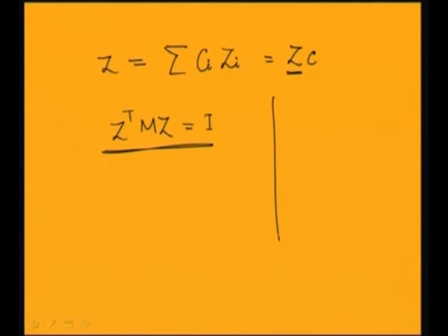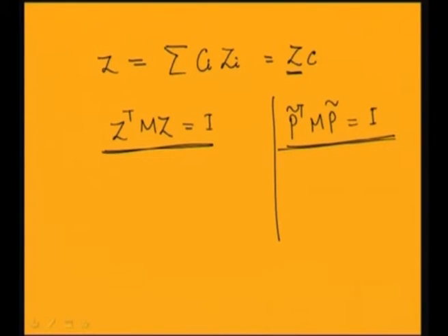Already you have seen similar cases in the case of the weighted modal matrix. P weighted modal matrix transpose M P weighted modal matrix was I. Here P was the modal matrix, and the P weighted modal matrix was obtained from it.